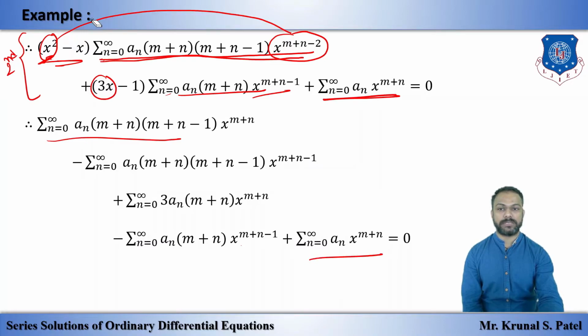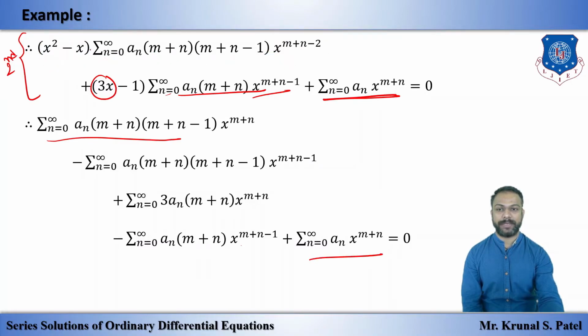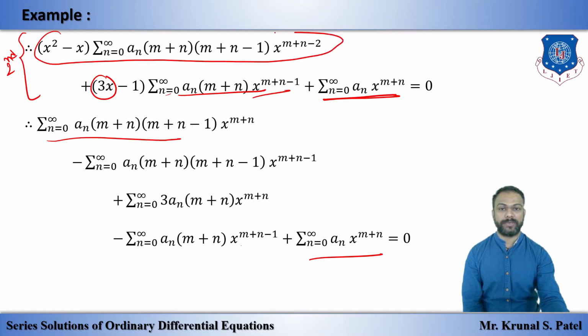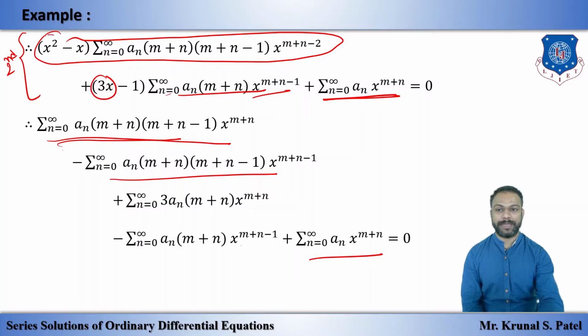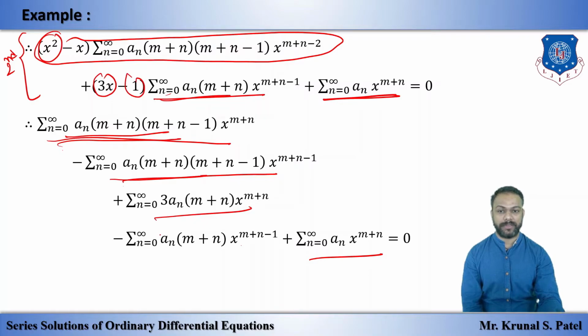So I am just explaining again: from this first term, we have these two terms, first and second. By multiplying x square, we have the first term, and by multiplying x, we have the second term. And from this term, by multiplying 3x, we have this, and by multiplying 1 with this, we have this.